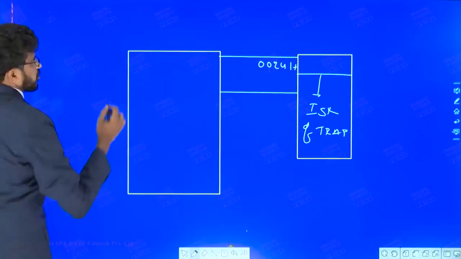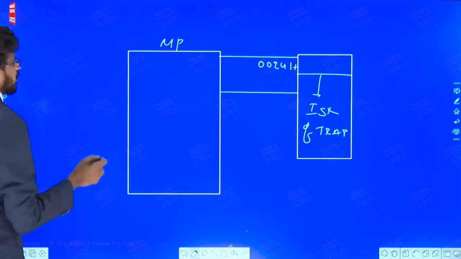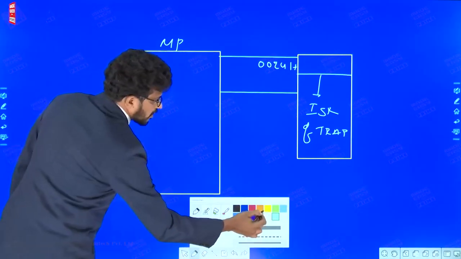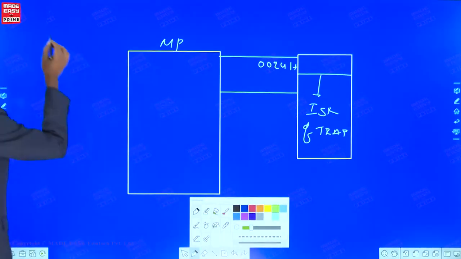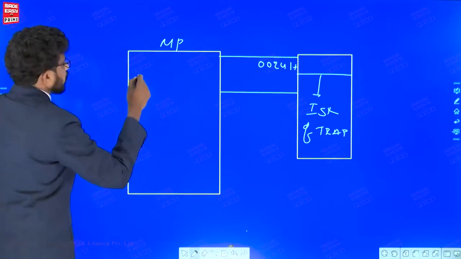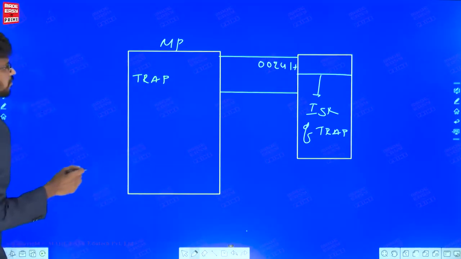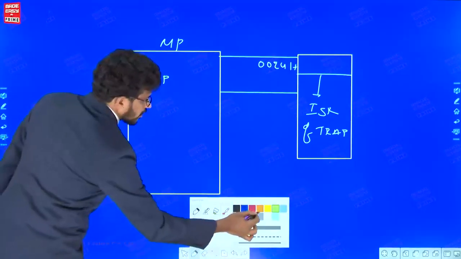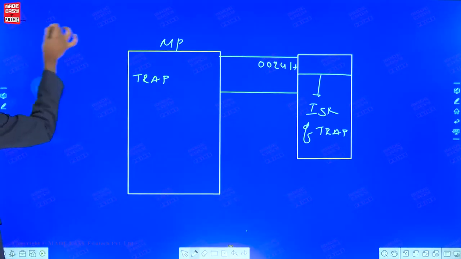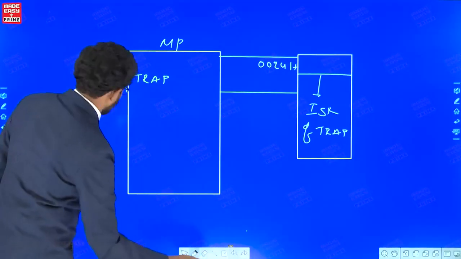So here this is the processor, and there is some sensing mechanism here. Let us consider, for example, here there is the trap signal, and say that there is some sensor here, a smoke sensor.